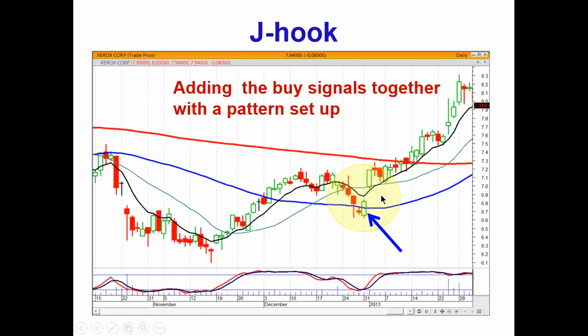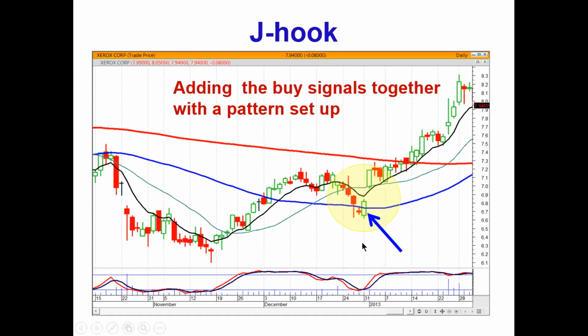And it will keep your emotions out of your trading, because back before the T line came along, I might close out a position here thinking, all right, that's probably time to take profits. But now I know to hang on to this position as long as we don't see a close below the T line.